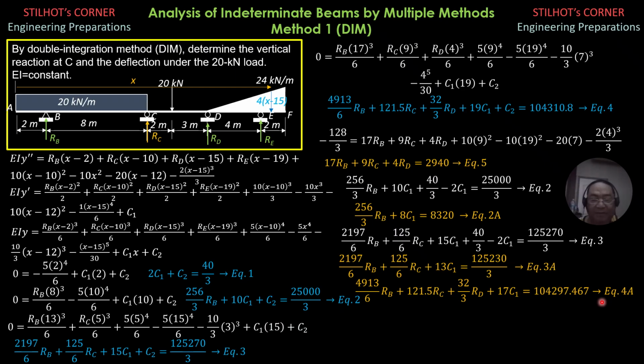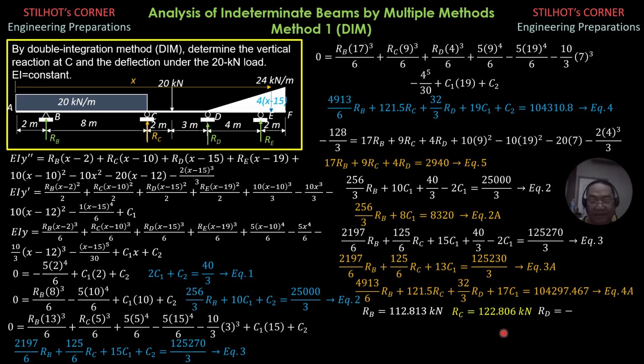So solving simultaneously equations 2A, 3A, 4A, and 5, we obtain, using your high-tech calculator, the following. RB is 112.813 kilonewtons. R sub C, which is the required here, is 122.806 kilonewtons.